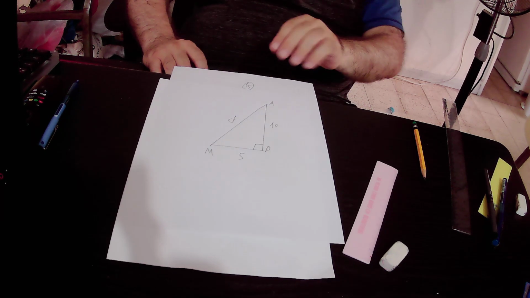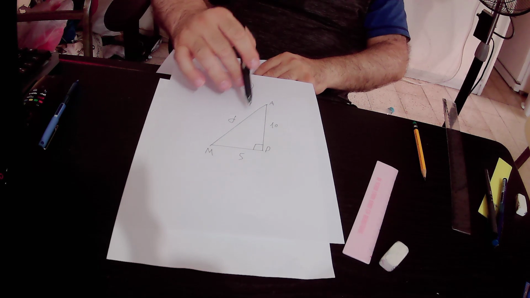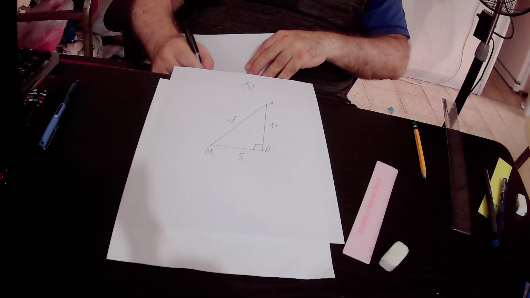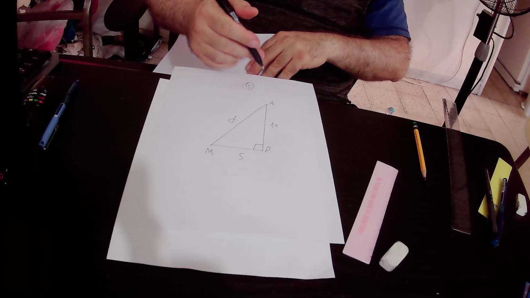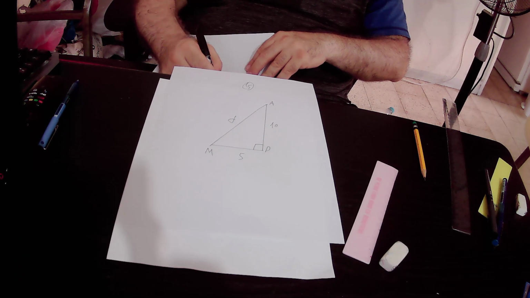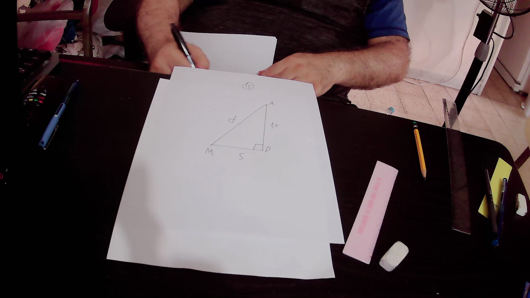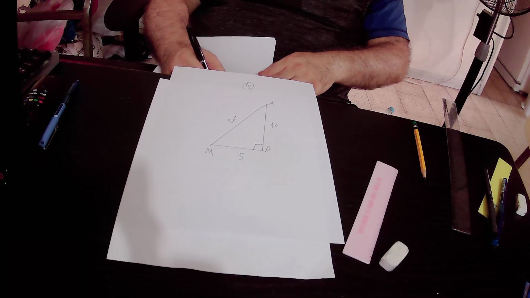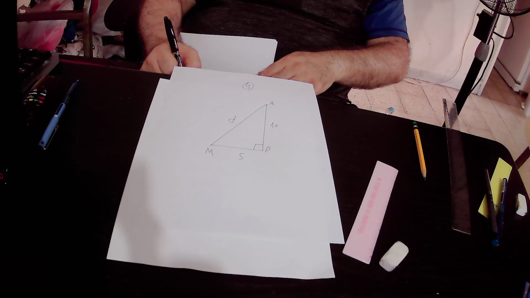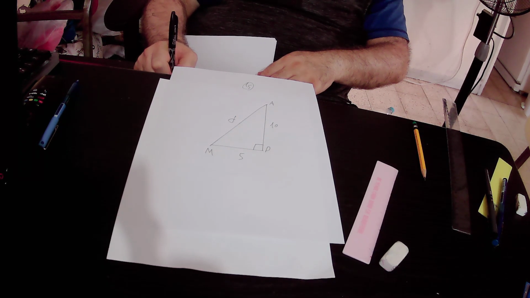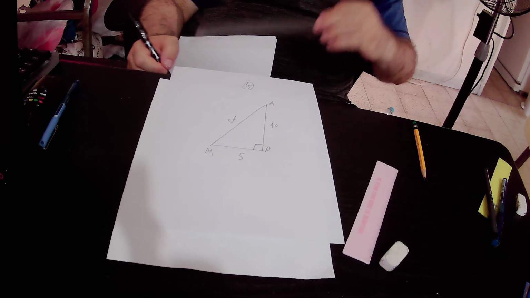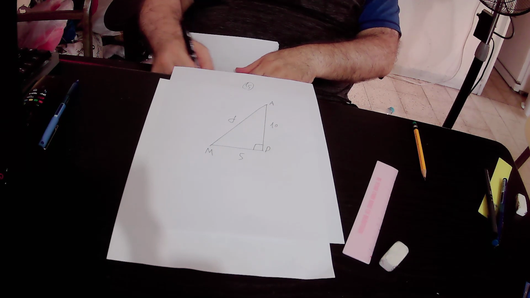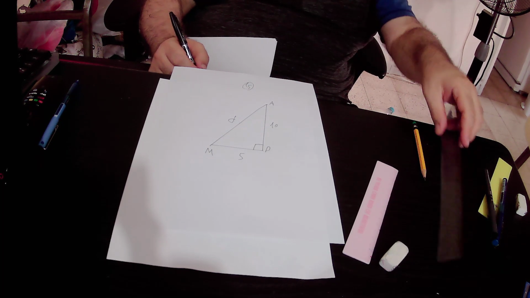You can use the Pythagorean theorem in order to find out the value of D, that is AM, or in order to find out the value of the hypotenuse in this right triangle. The Pythagorean theorem states that the theorem applies only on right triangles.